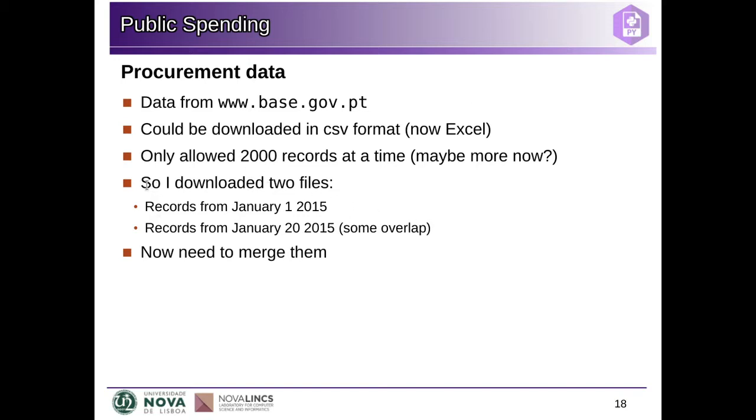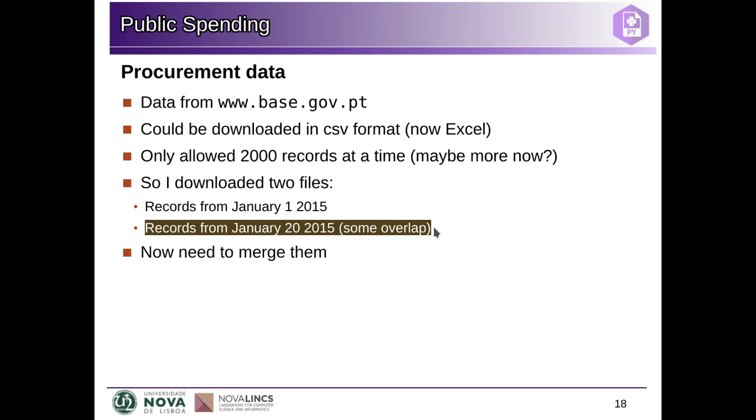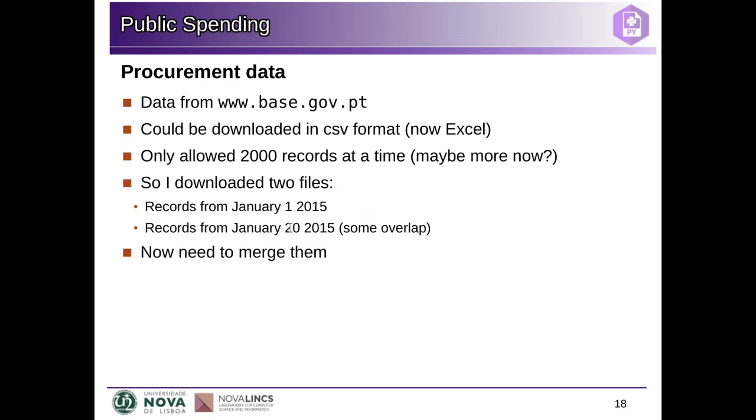But so I downloaded two files. One, 2,000 records starting from January 1st, 2015, and 2,000 records starting from January 20th, 2015. So there was some overlap between the two, but I wanted to have a larger series, so I started with those two blocks of 2,000 records each.